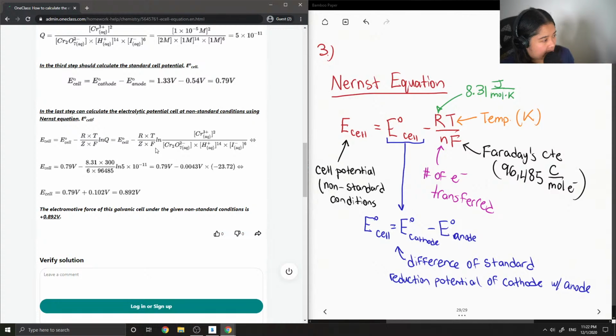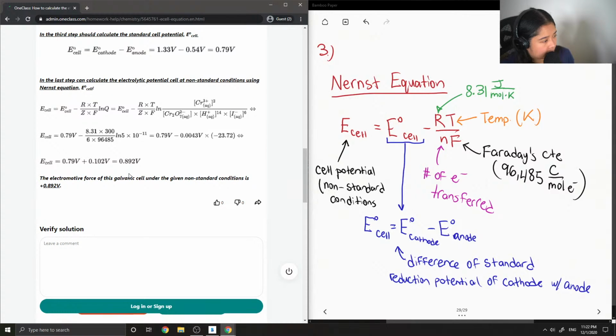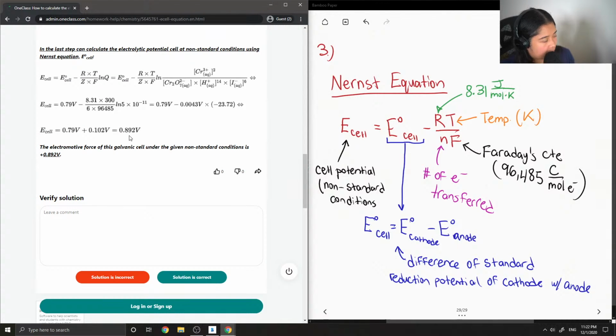Okay, so notice how they have it multiplied by ln Q. Yep, so now they're just plugging in all of the values. And they ended up getting 0.892 volts. Yep, so this solution is correct.